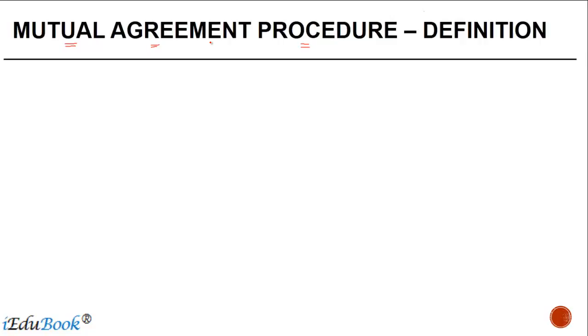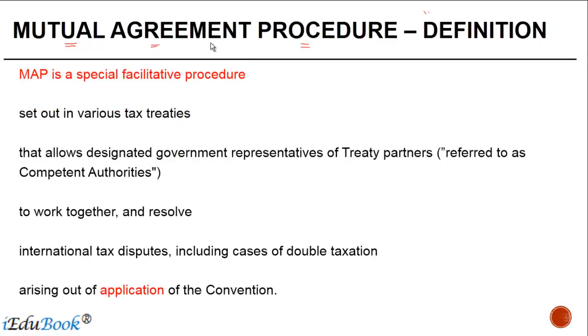While I've used the word definition over here, this does not refer to any standard definition, but it's just a simplified form which we've tried to put together to communicate the meaning of mutual agreement procedure, or MAP as it is generally called in international tax parlance.